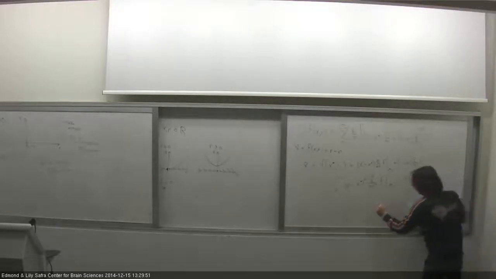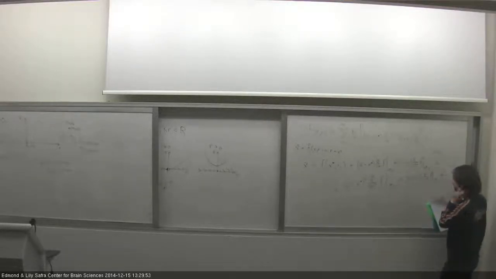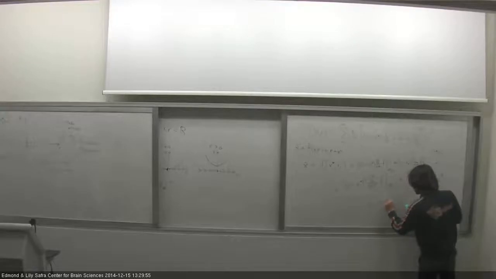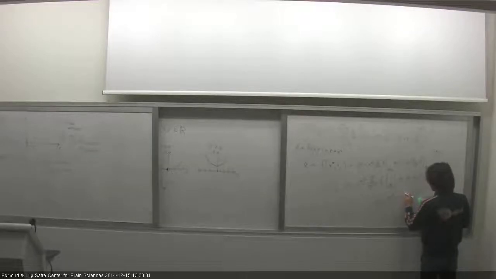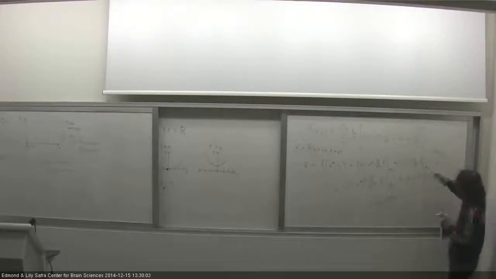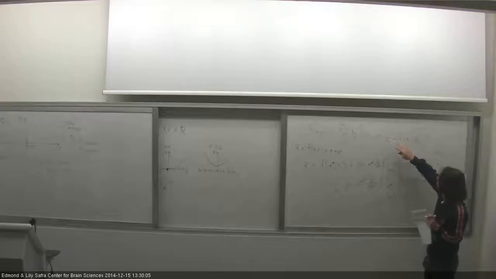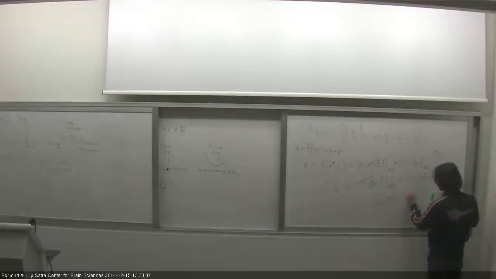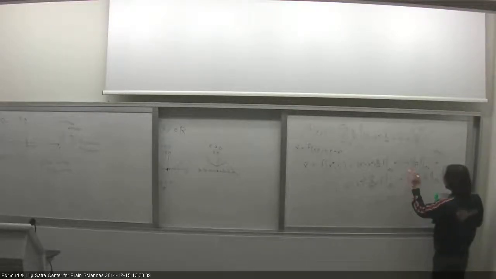And then they have a mixed term, x minus x star times r minus rc. Strictly speaking, I have 2 mixed terms actually.